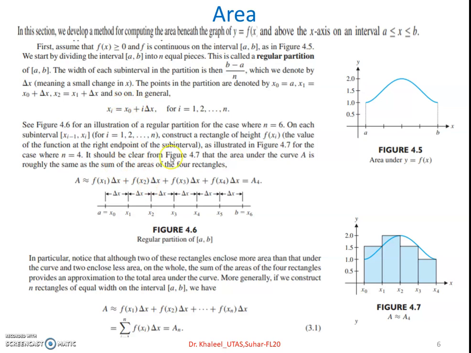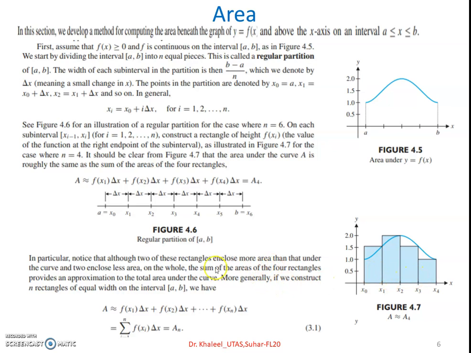After this, we construct a rectangle of height f(x) on each subinterval. So you see we have 4 subintervals, 1, 2, 3, 4, and then we draw 4 rectangles, one on each subinterval.